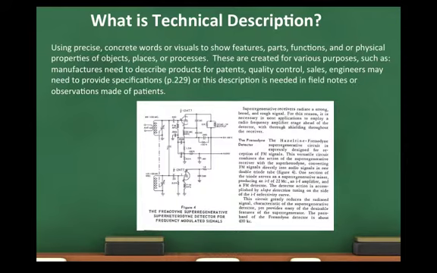Or it could be observations made of patients while they're fighting some sort of illness. I give you an example of a description below, and you can see it has the diagram, and it also has some technical description as well. All right, let's move along.